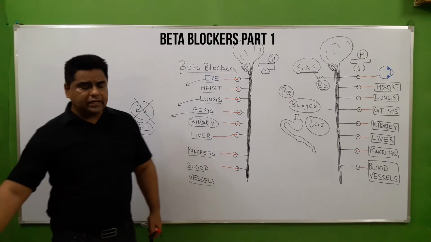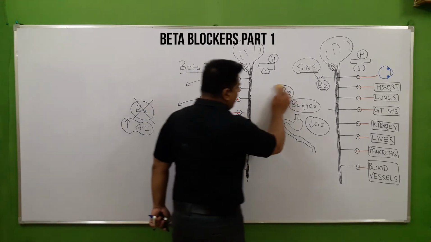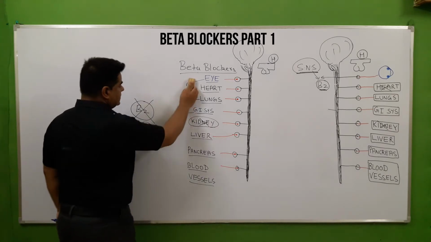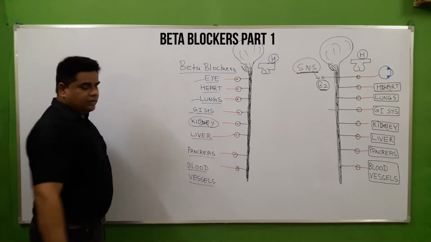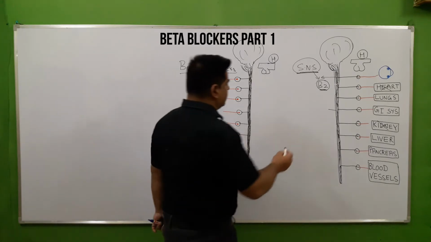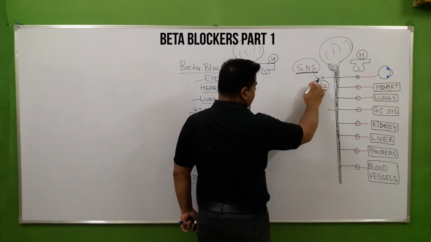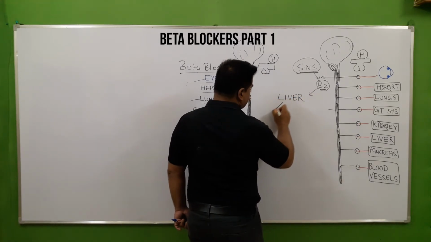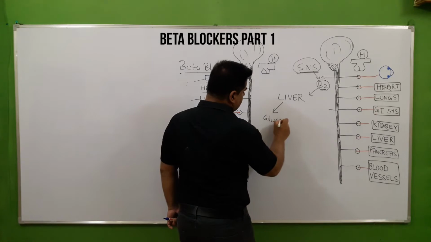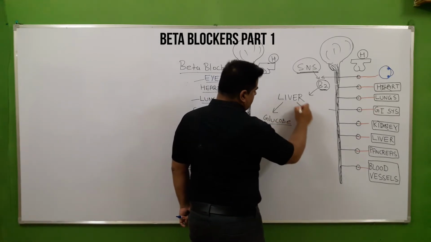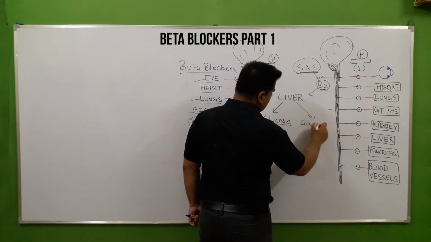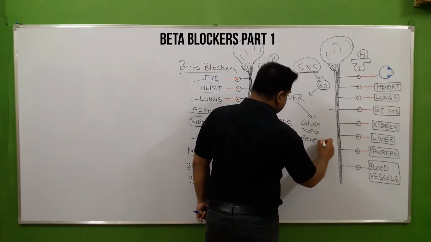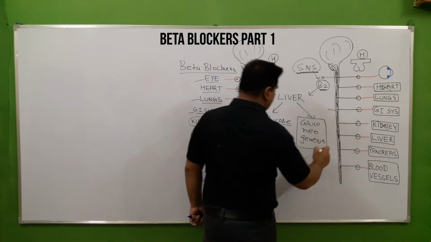After GI motility, now comes the liver. Whenever there is sympathetic nervous system stimulation, the liver releases glucose. Gluconeogenesis is the formation of glucose from non-carbohydrate sources.